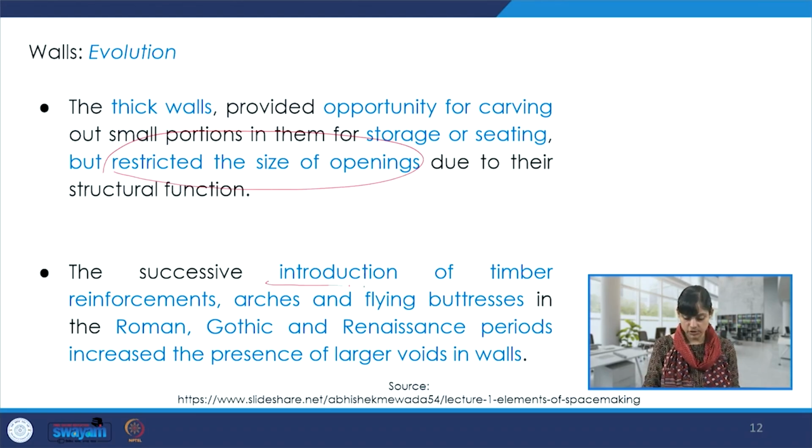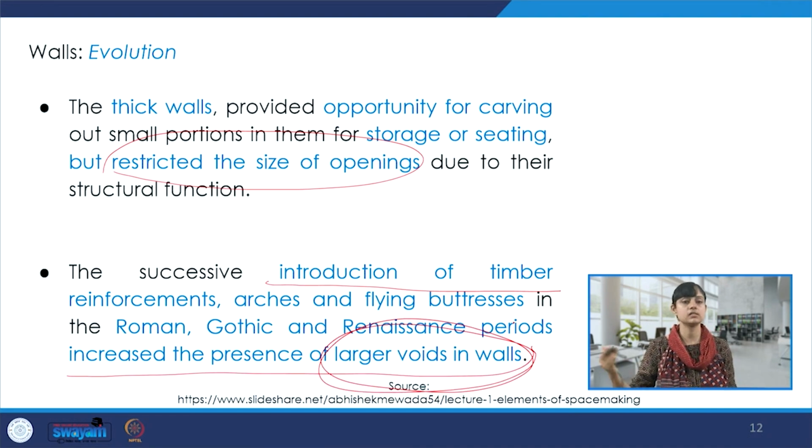Now with the introduction of timber reinforcements, arches, flying buttresses in the Roman, Gothic and Renaissance periods, this increased the presence of large voids or openings in the walls. So we see these kinds of changes or this kind of evolution that happen over time and over different architectural periods and with introduction of new materials, technology or techniques.